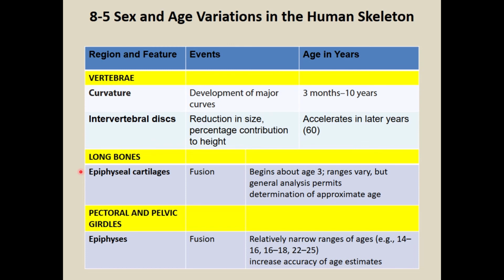That varies from girl to boy. Usually in girls, because of the effects of estrogen and progesterone, the fusion happens faster than in boys. The epiphyses of the pectoral and pelvic girdles also close. That happens in the mid-teens to mid-20s. So it varies again from one person to another.